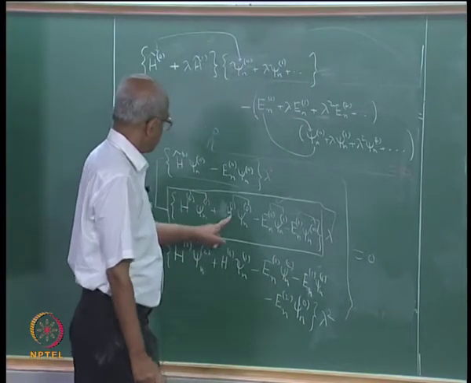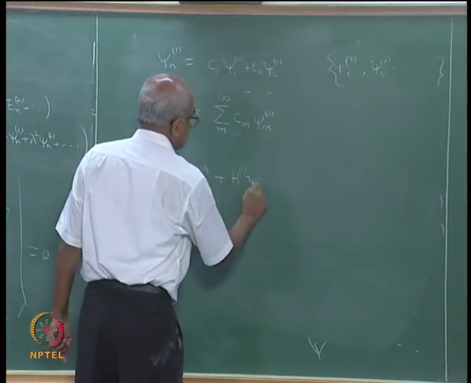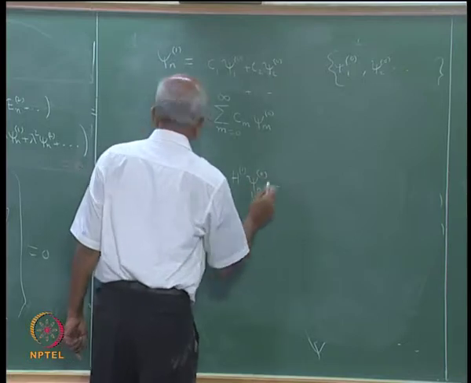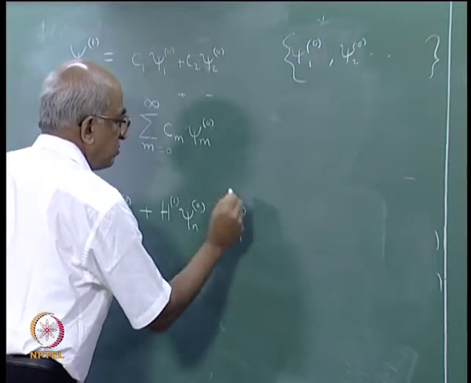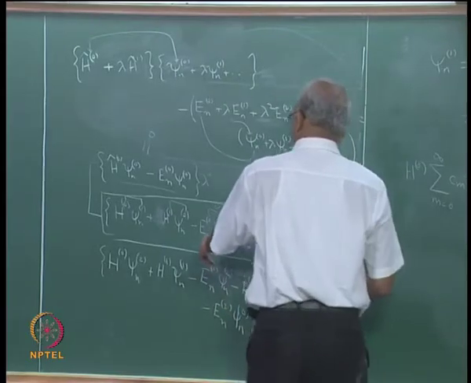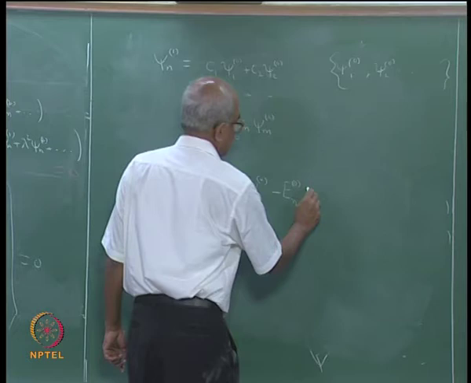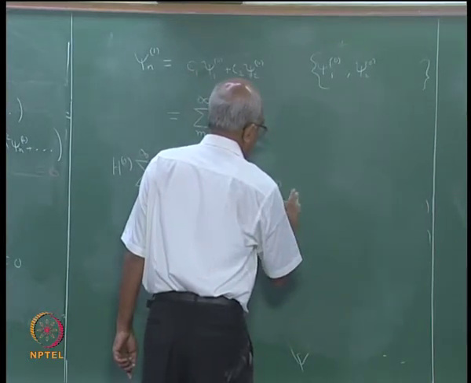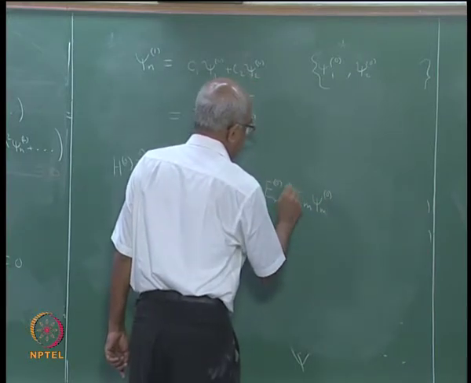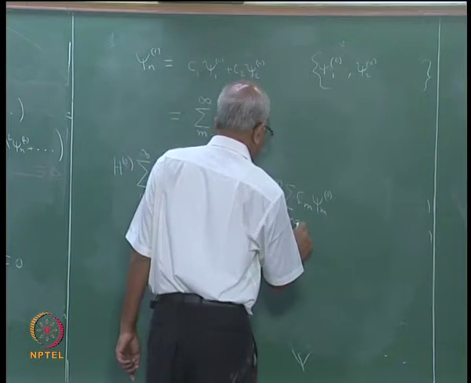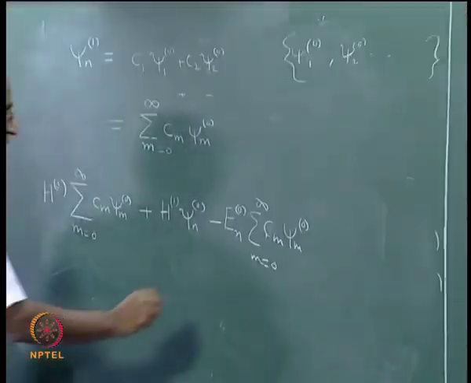H0 operating upon this, then H1 operating upon psi n 0, that I do not have to do anything, minus E n 0 operating upon psi E n 0 multiplying psi n 1, that is actually nothing but Cm psi m 0 summed over all possible values of m running from 0 to infinity minus what do you have, E n 1.